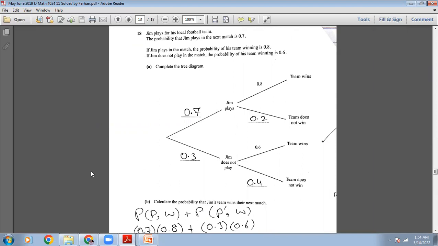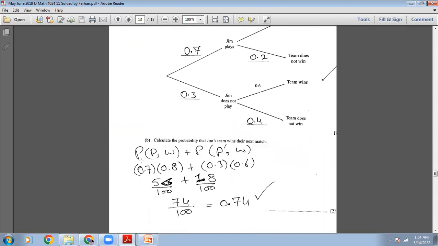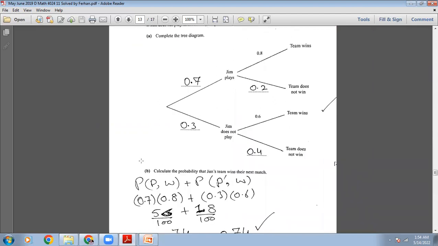Okay, so the question is calculate the probability that Jim's team wins their next match. So there are basically two things: the probability Jim plays and the team wins, plus the probability Jim does not play and the team wins. So it will be 0.7 multiplied by 0.8 plus 0.3 multiplied by 0.6.